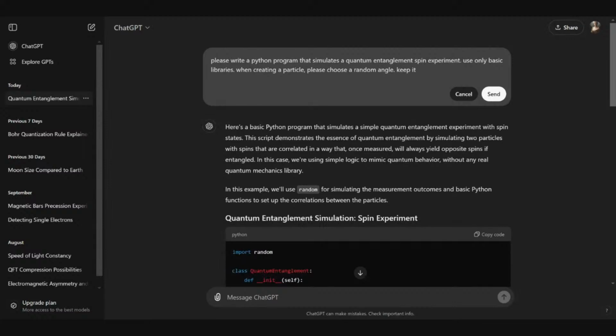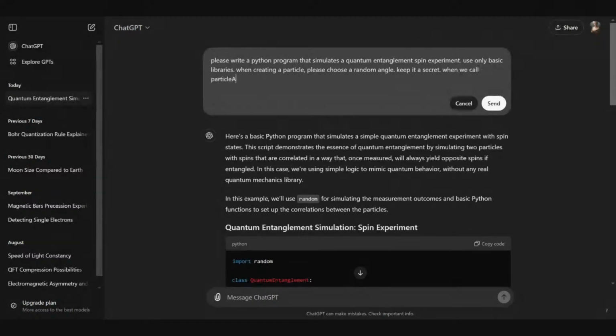Keep it a secret. When we call particle A dot measure, return up or down.